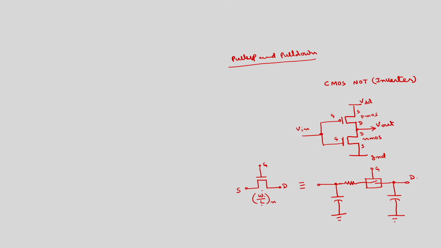This is the RC equivalent of this. In most of the analysis, this type of RC equivalent model will be used. This is source capacitance, this is called drain capacitance, and the switch.